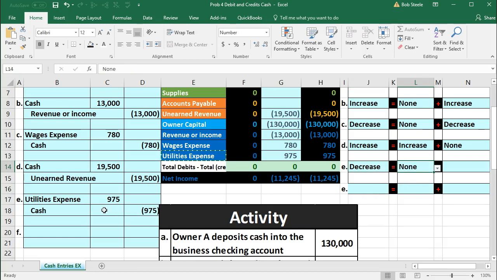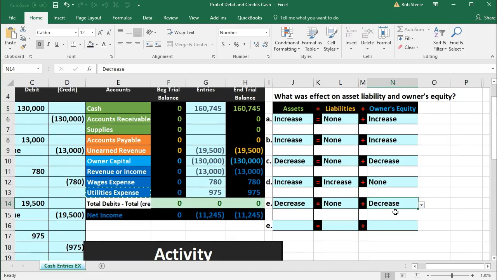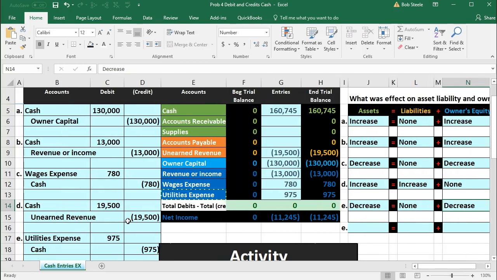And we know that the expense is increasing, which brought net income down. When net income goes down, it decreases total equity. So equity is going to be decreasing, so we have a decrease here. We also know that equity would then decrease if assets on this side go up, and the other side must be equity, and therefore if that's what's being affected, it must then go down to remain in balance.